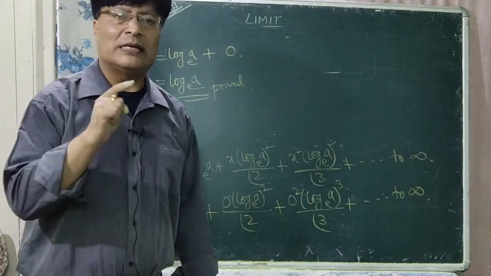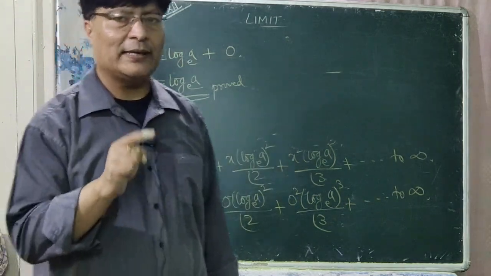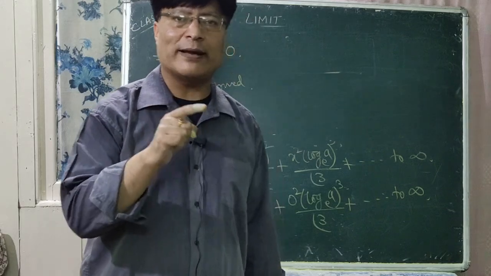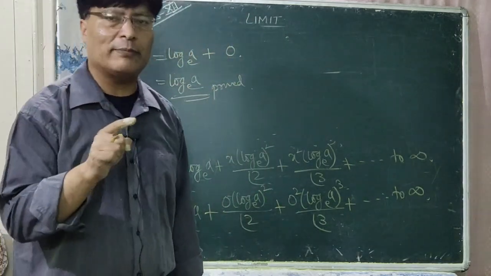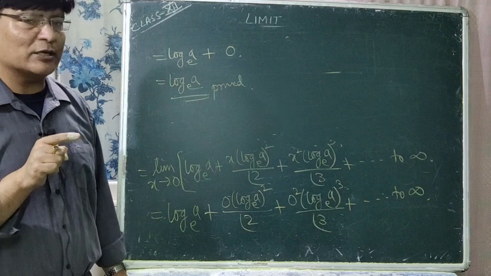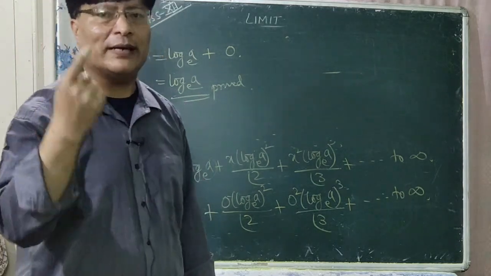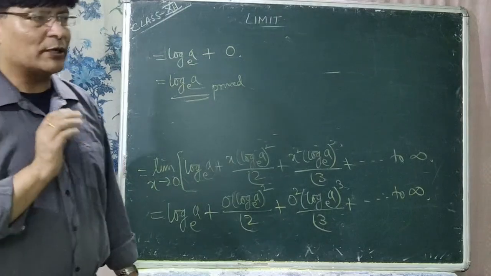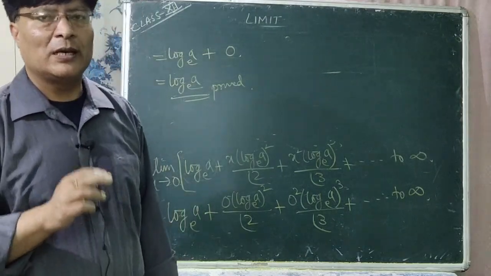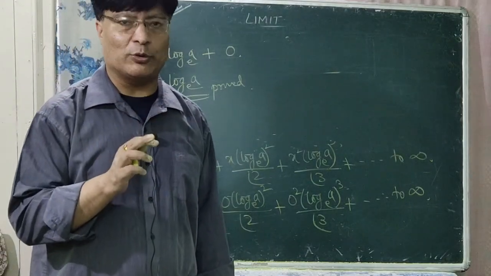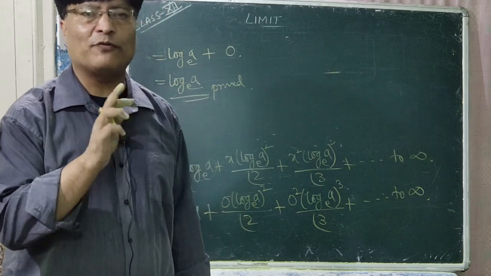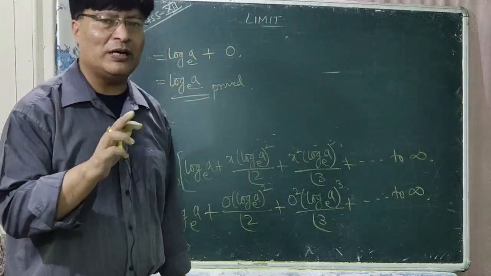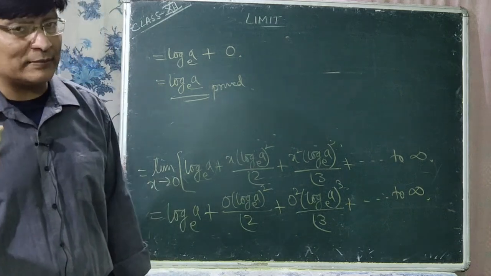Fourth one was limit x tends to a, in the numerator x to the power n minus a to the power n divided by x minus a, which is equal to n into a to the power n minus 1. You can check your copy. And formula number 5 was limit x tends to 0, in the numerator log of 1 plus x base c whole divided by x is equal to 1.